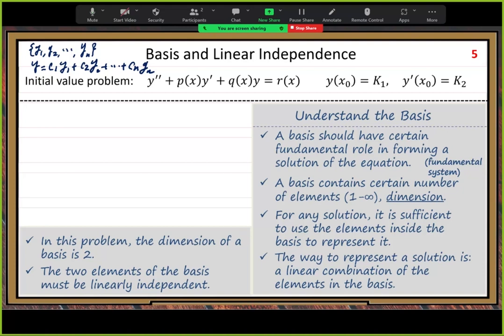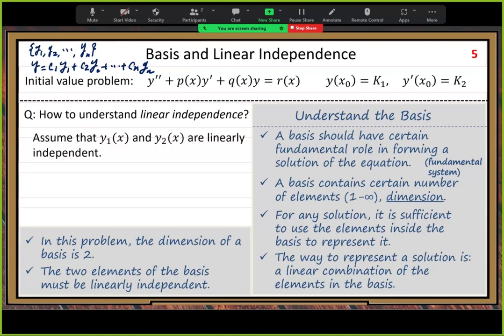How to understand linear independence? Assume that the 2 functions y1, y2 are linearly independent.